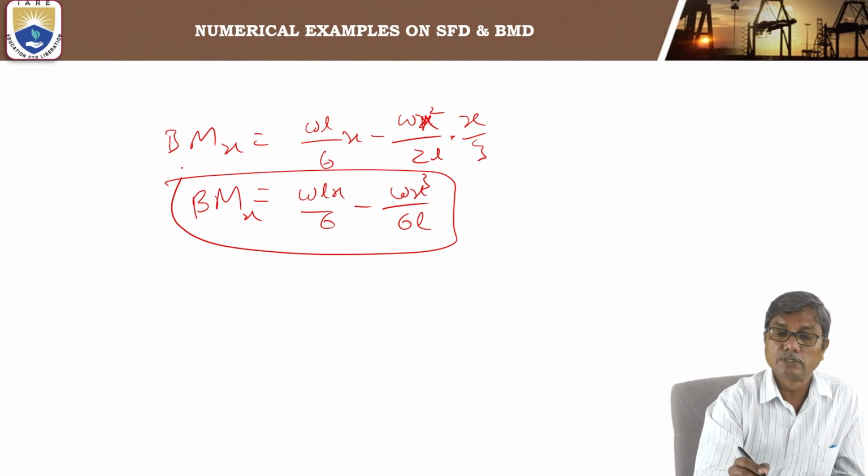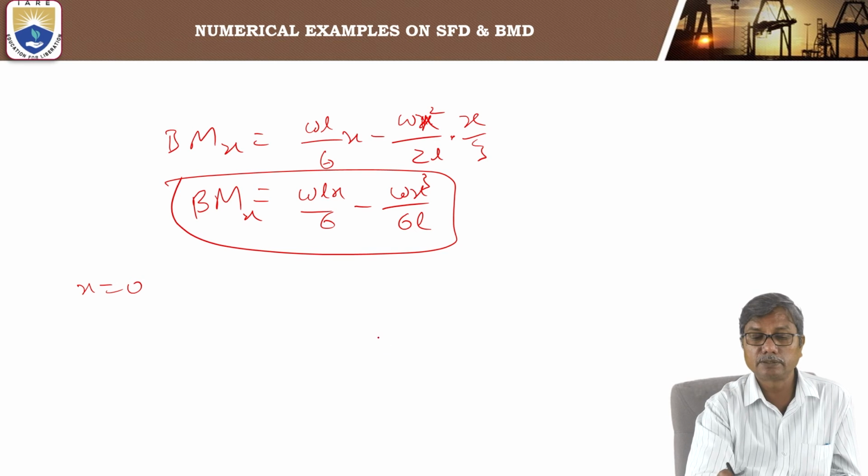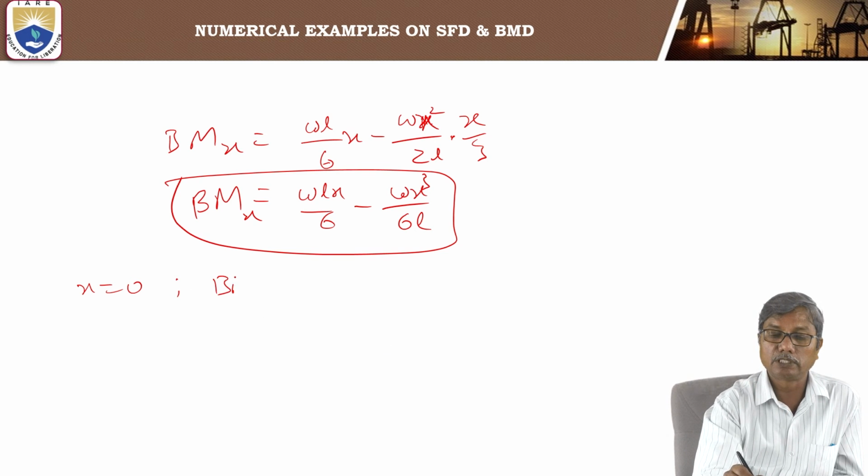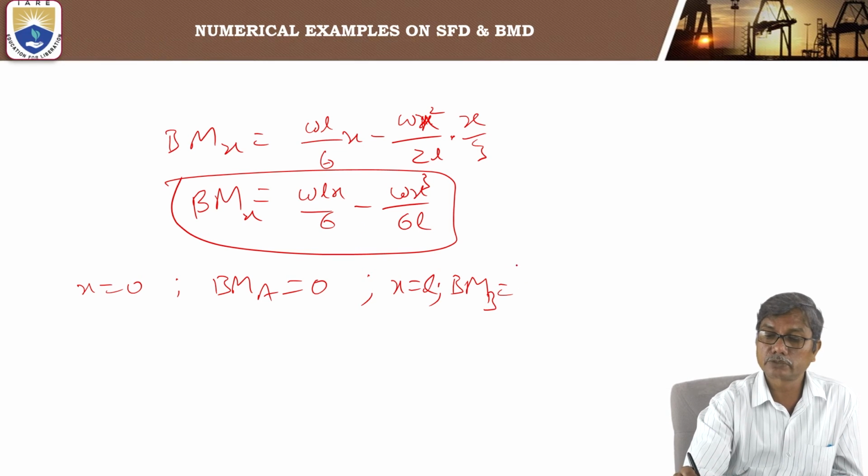Okay. Now at x equal to 0, what is the bending moment? At A, 0. At x equal to L, what is the bending moment at B? WL square by 6 minus WL cube by 6L.